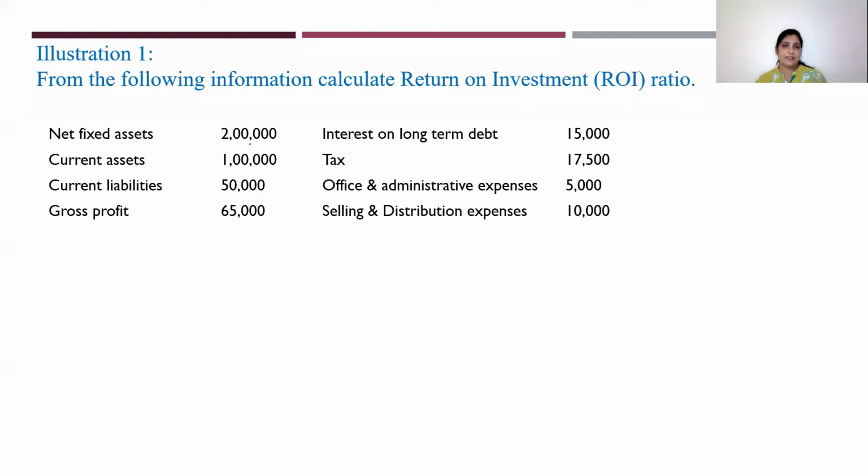Net fixed assets 2 lakhs, current assets 1 lakh, current liabilities 50,000, gross profit 65,000, interest on long-term debt is 15,000, tax 17,500, office and administrative expenses 5,000, selling and distribution expenses 10,000. Take it down fast.